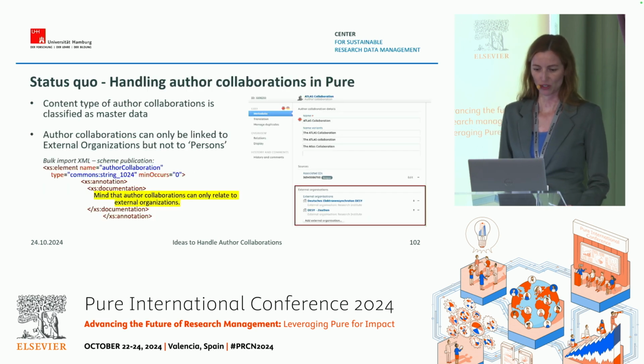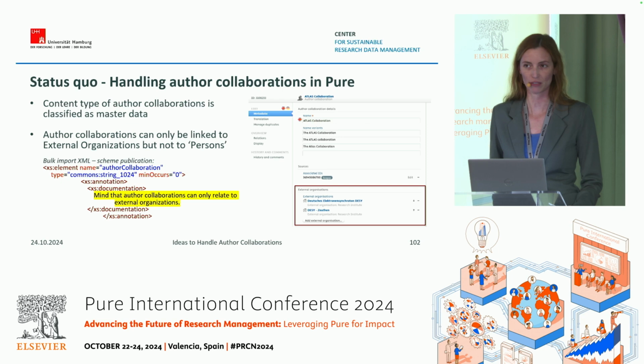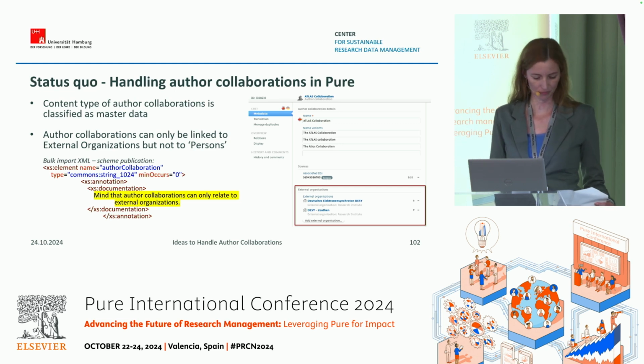What is the status quo at the moment in Pure? In Pure, there's a content type of author collaborations. It's classified as a master list. Those author collaborations can be linked to external organizations, as you can see a bit here on the right, but not to persons, as you can see in the marked XML scheme.